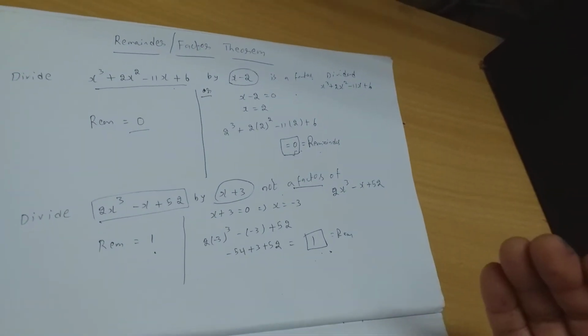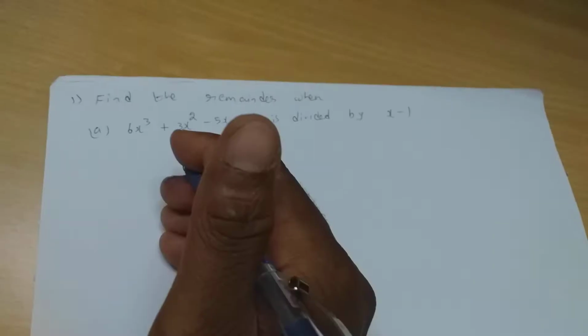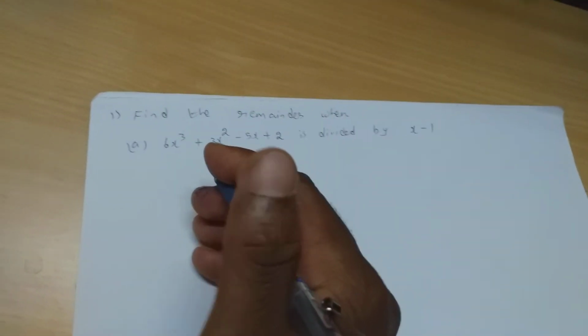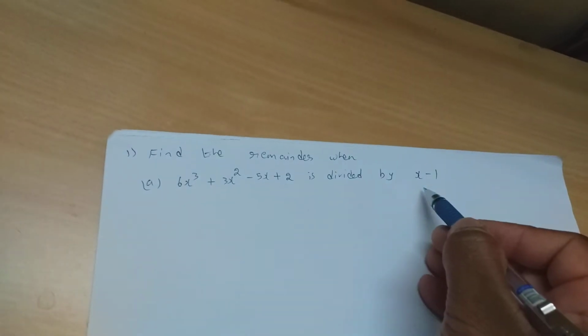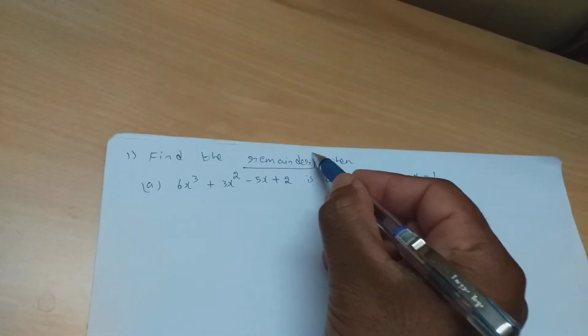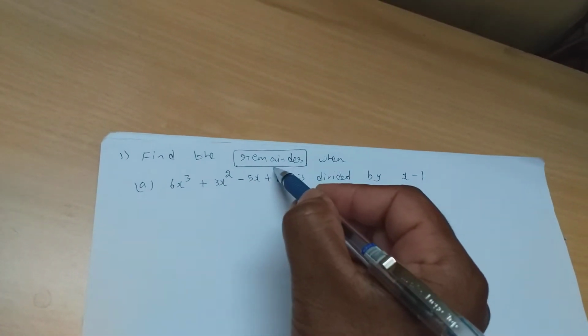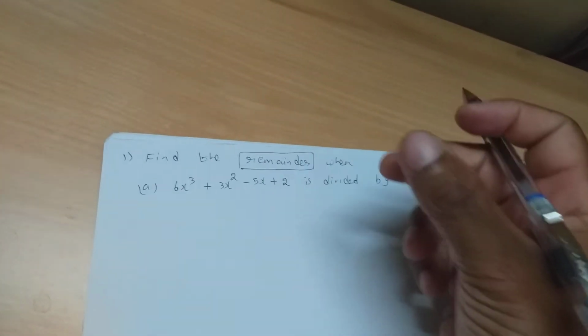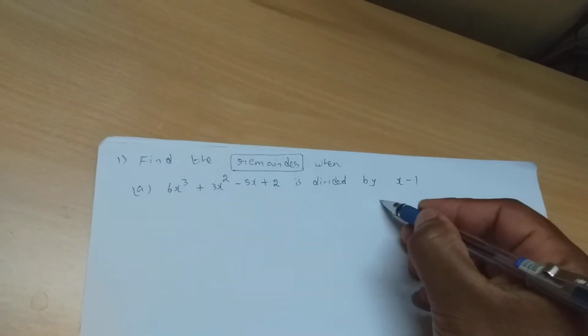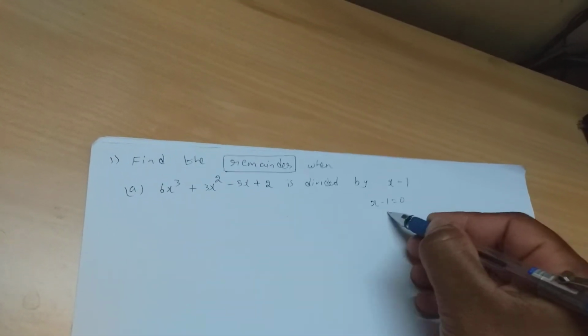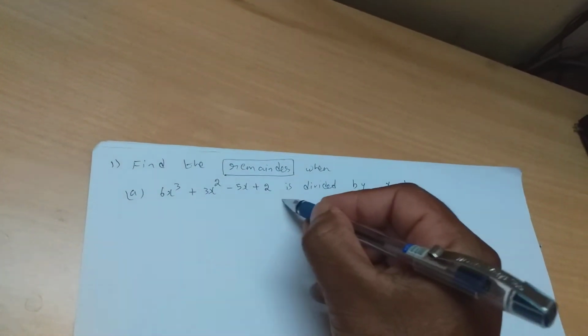Yeah, now let's look at the sums based on them. Find the remainder when this is divided by this. They are asking only for the remainder. They are not asking for the quotient. Only for the remainder, you can use directly the remainder theorem. What is the first step in the remainder theorem? Equate this to 0. You get the x value. Place it over here.